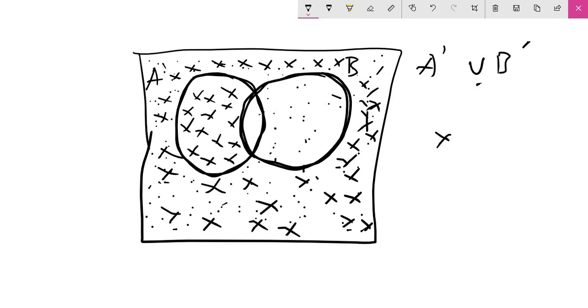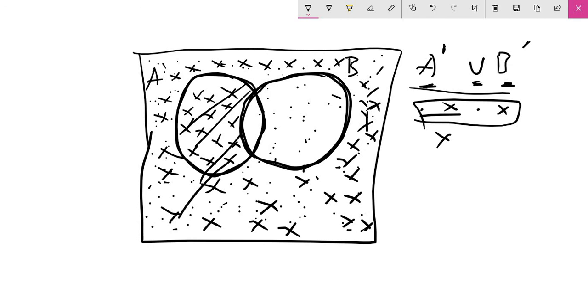Okay, so now we're finding that A complement union B complement. So we are going to look at where we can find both dots and crosses, or dots alone or crosses alone. Wherever we can find any of these symbols, that will be this. So I'm now going to do a final shading.